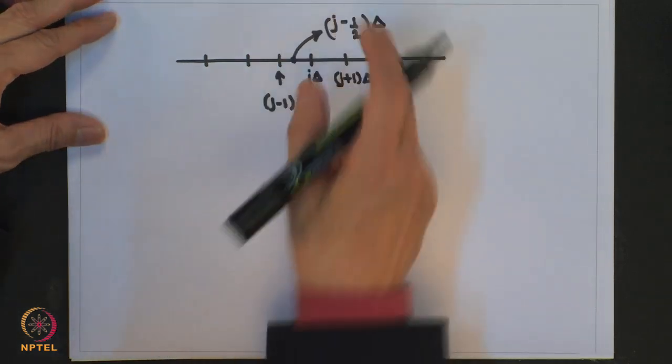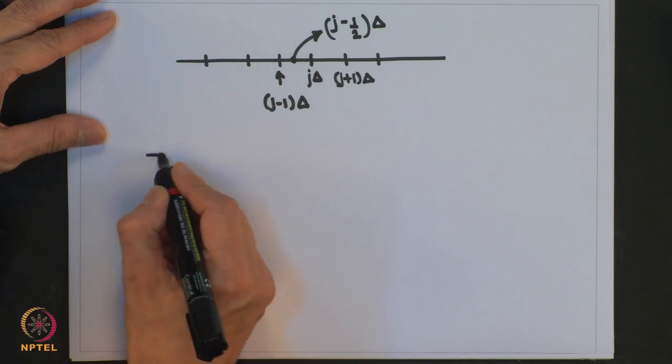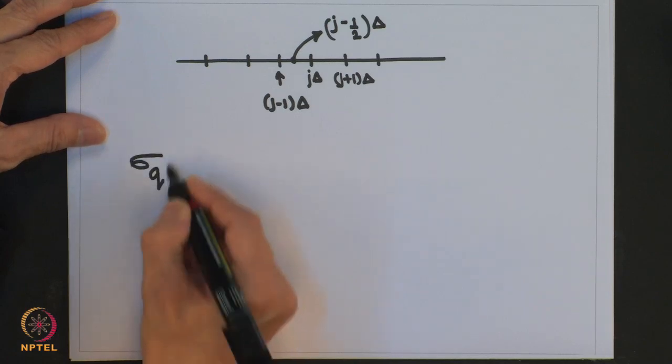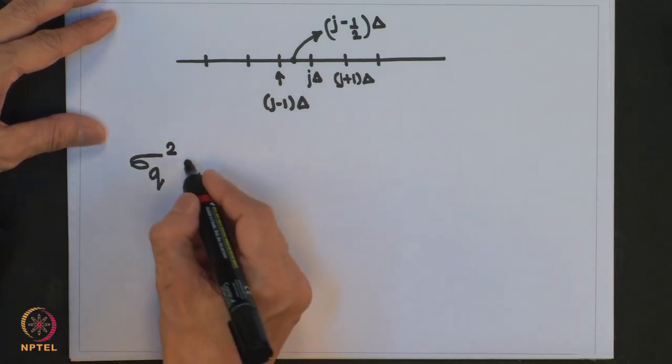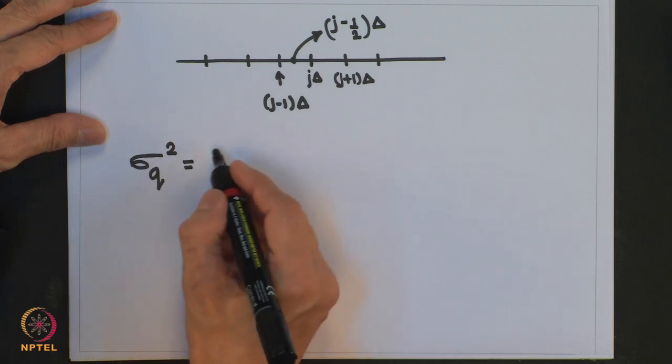Okay. So, given this, we can easily calculate the mean square quantization error as follows.